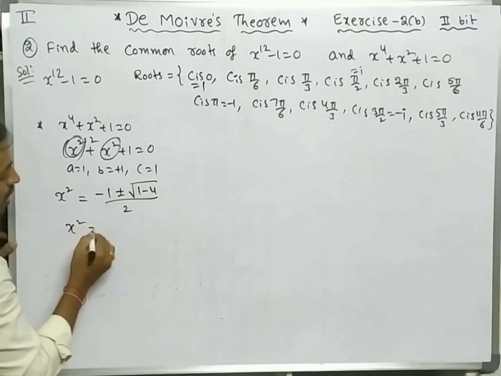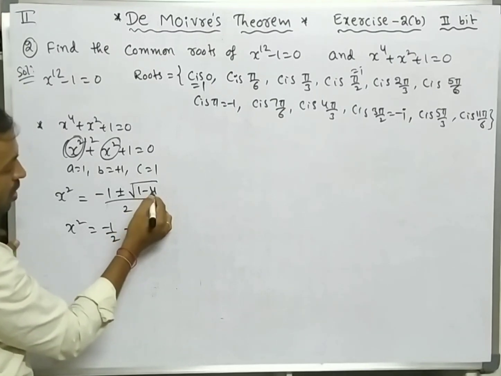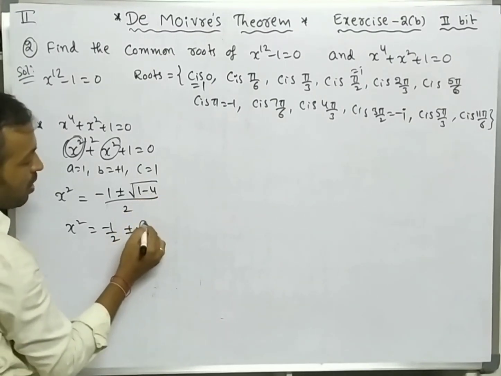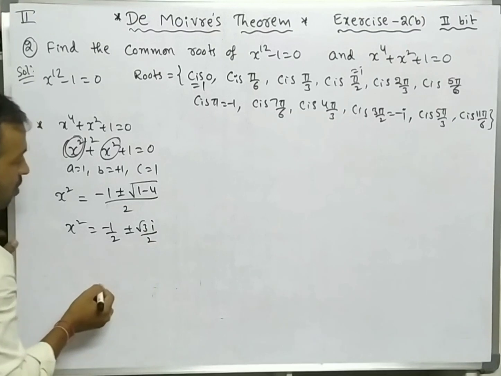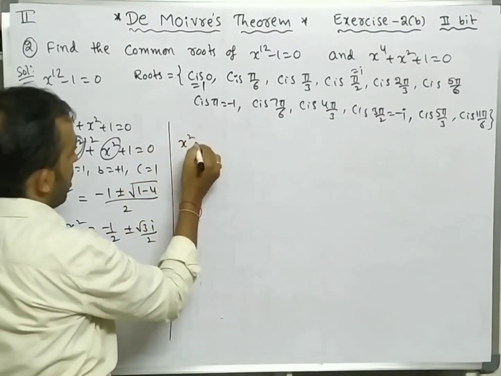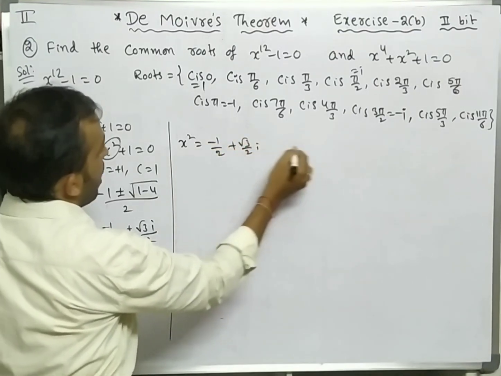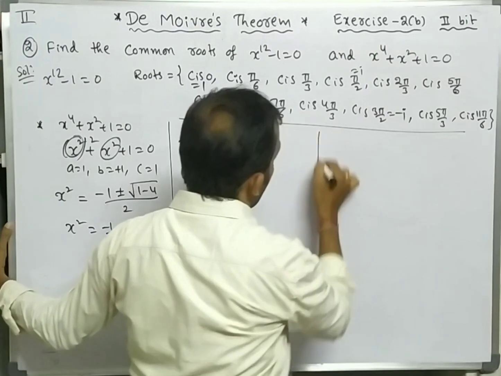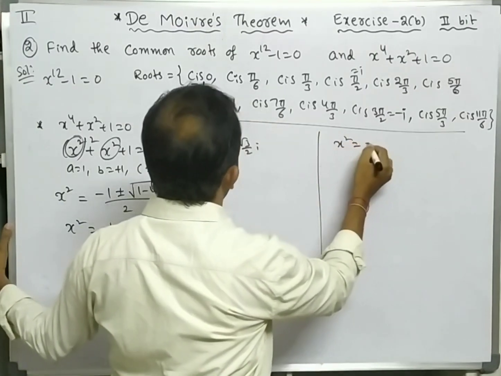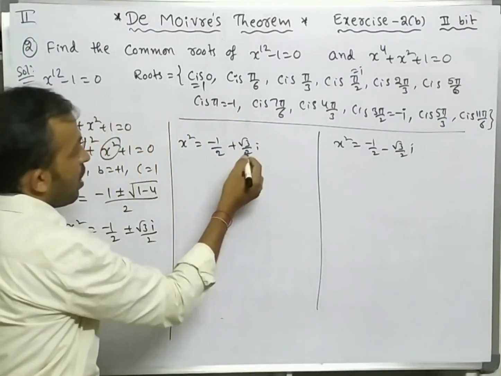So we will get minus 1/2 plus or minus root 3 i by 2. First take x^2 equals minus 1/2 plus (root 3/2) i. In case 2, take x^2 equals minus 1/2 minus (root 3/2) i.